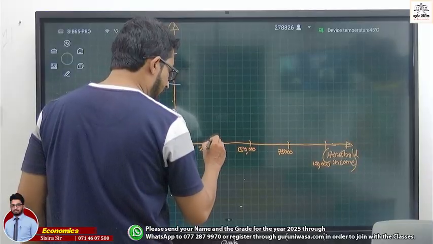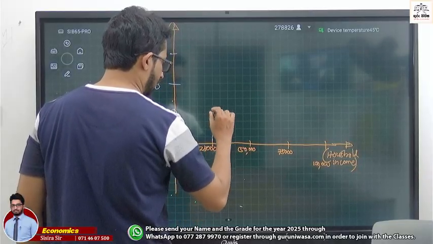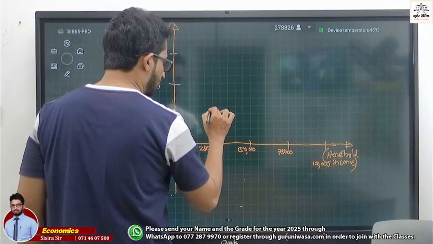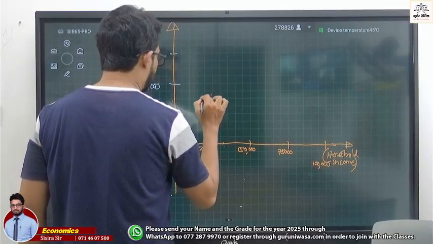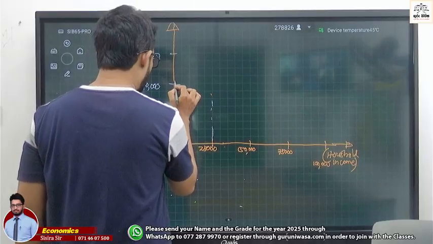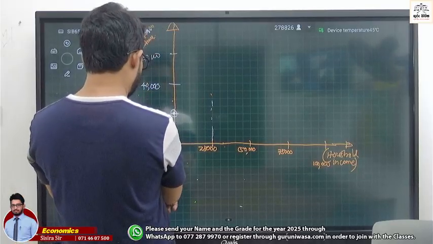When household income is 25,000, household consumption expenditure is 40,000.